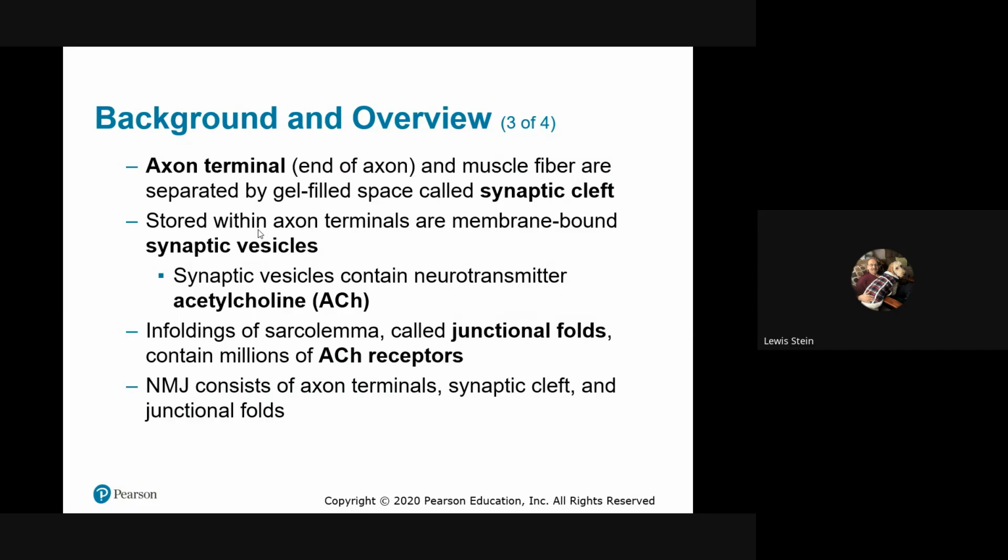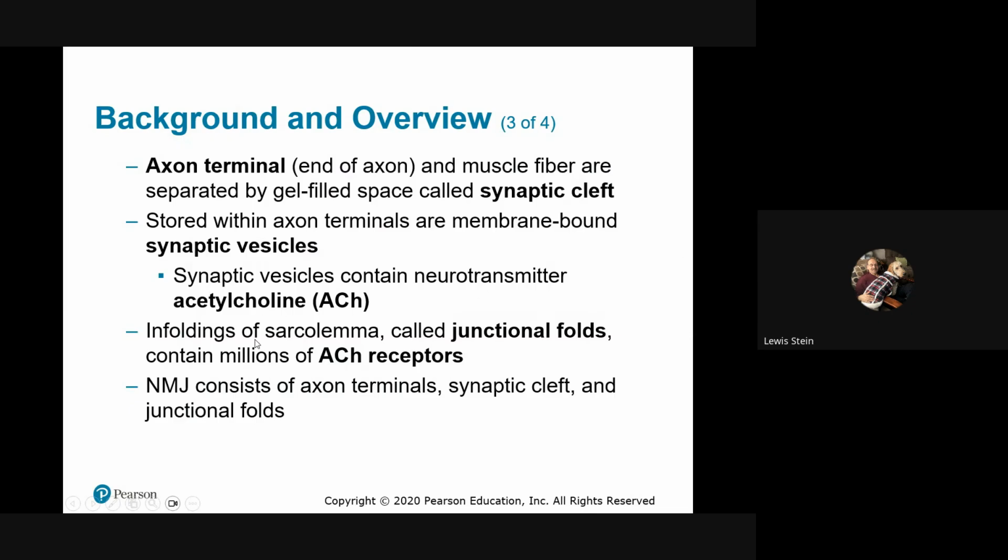Effectively, they're all vesicles. The lysosome and the peroxisome are vesicles. They just aren't being spit out. They just stay inside the cell. So they're little membrane packages, membrane spheres would probably be the best way to put it. And they're filled with a chemical called acetylcholine. Okay.